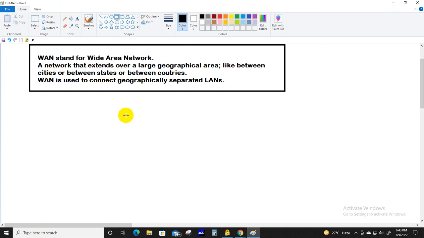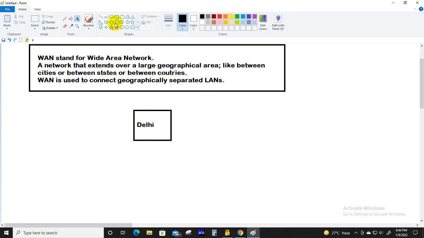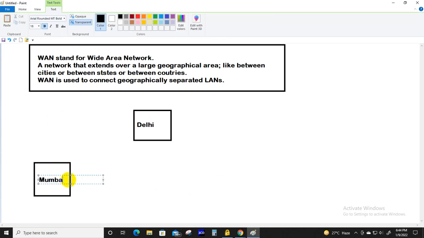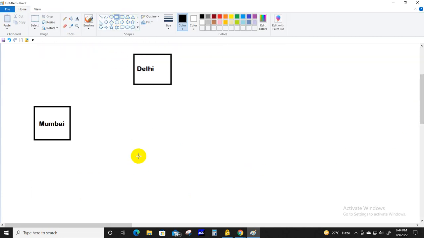Suppose we have an office in Delhi. We have an office in Mumbai. We have an office in Chennai.